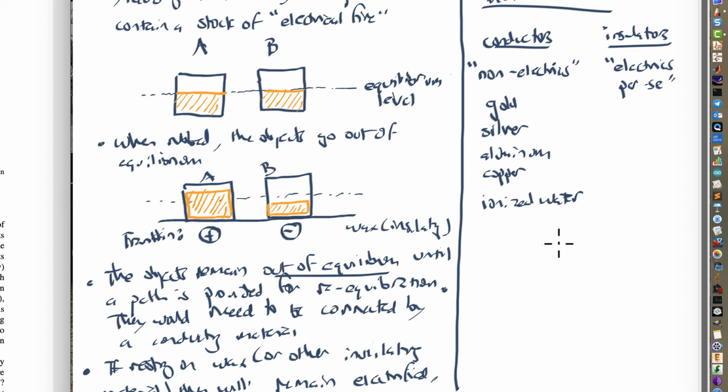So ionized water, and for that matter, ionized air, like plasmas also. So if you have lots of positive and negative charges in the air that are freely floating around, it's ionized, then it's a good conductor.